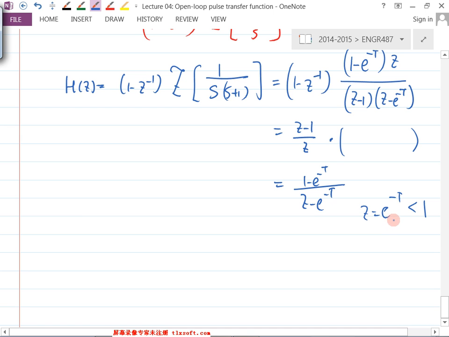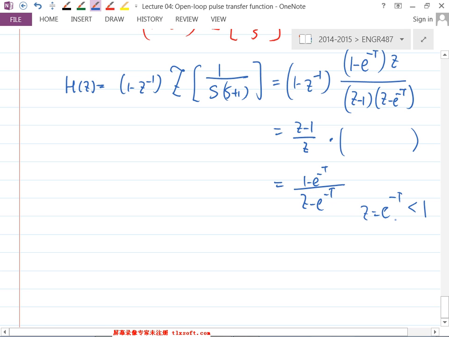Later we'll learn that when your pole is closer to 0, the response is faster, for the z domain, not for the s domain. Basically in the sequence you'll see that it decreases faster. So a higher sampling time in this case has a higher decay in the sequence number.